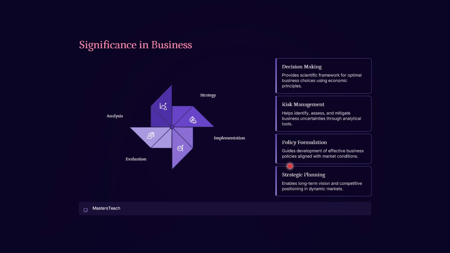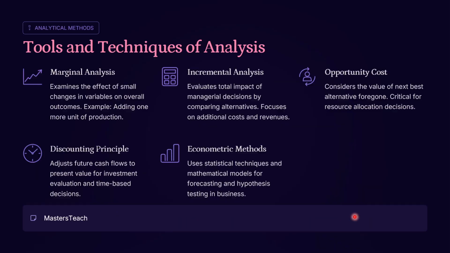Then policy formulation, which guides the development of effective business policies aligned with market conditions. Then strategic planning, which includes long term vision and competitive positioning in dynamic markets. So the significance is decision making, risk management, policy formulation, and strategic planning.